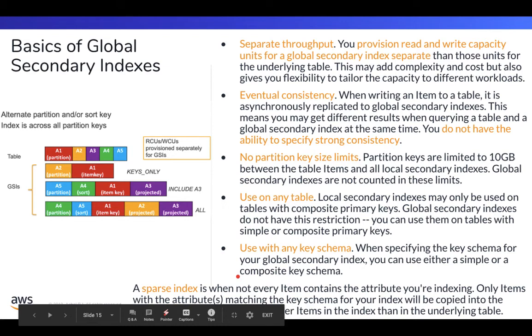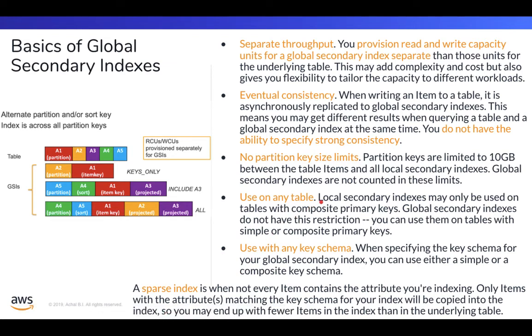So what is a sparse index? To understand sparse index, it's basically when not every item contains the attributes you're indexing, and only items with the attributes matching the key schema for your index will be copied into the index table. So you might end up with fewer items in the index than in the underlying base table.